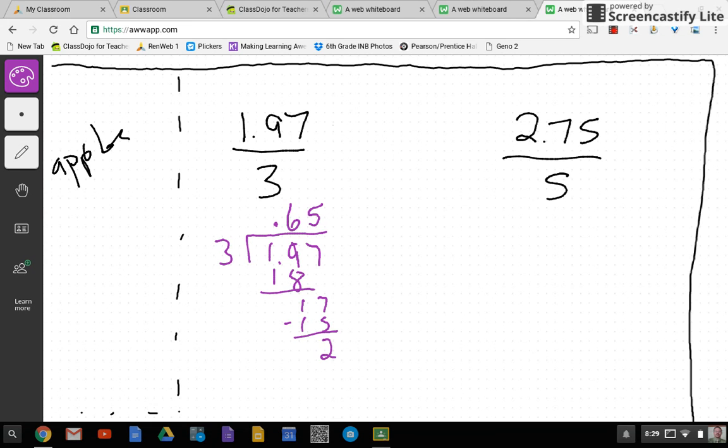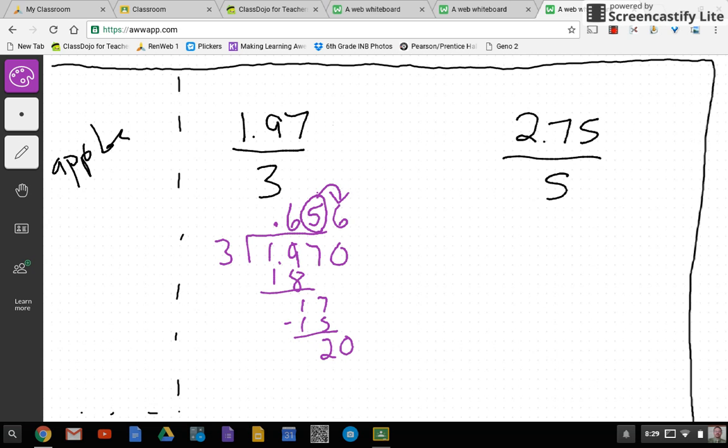Now I could keep going here. In fact, I will keep going. I'm going to add a 0, keep going, and 3 can go into 20 about 6 times. So what I'm going to do is I can't have 656. That's not what that is. This is 65 cents and 6 thousandths more. So what I'm going to do is round this. So I look here, I'm going to round it to the hundredths place.